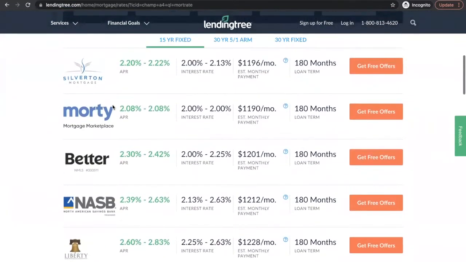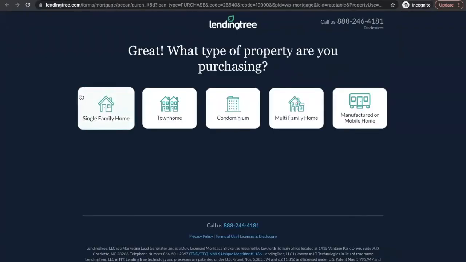If you're looking to go with a particular lender, you click on get free offers, and then they're pushing you down that lead workflow. From a lead standpoint, they want people to go through those 15 to 18 to 20 questions to make sure it's a highly engaged lead when they sell it to up to 5 lenders.